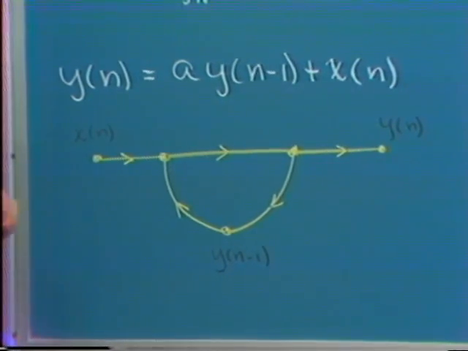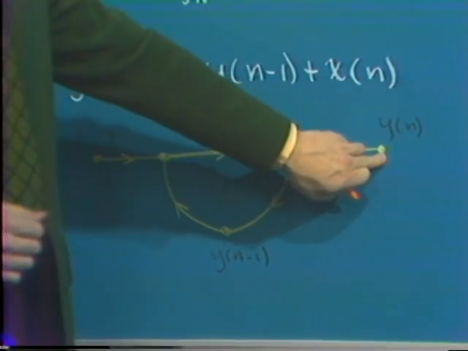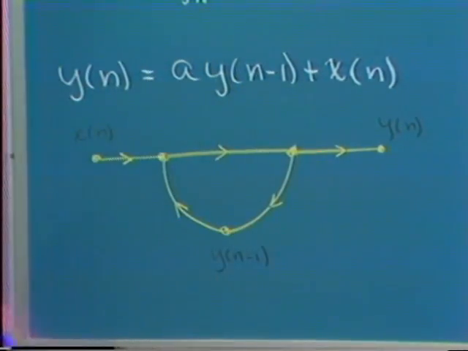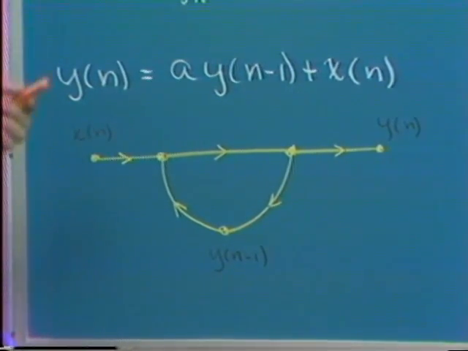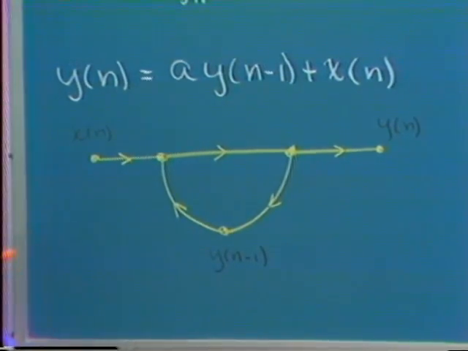Well, we have a node that's a source node, that's x of n. We have a node that's a sink node, that's y of n. That's what we'd like to get out of the network. And presumably somehow we've gotten a network node whose value will be y of n minus 1.